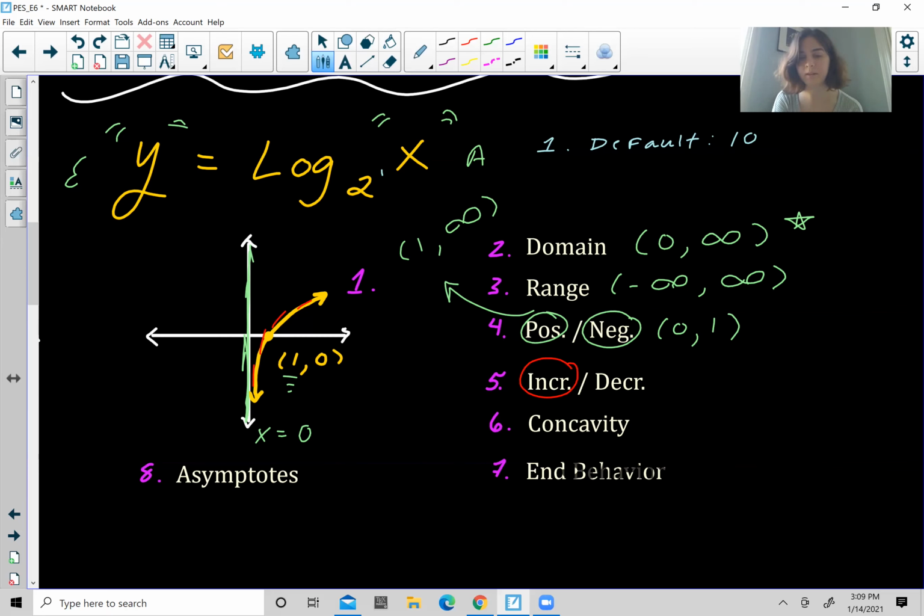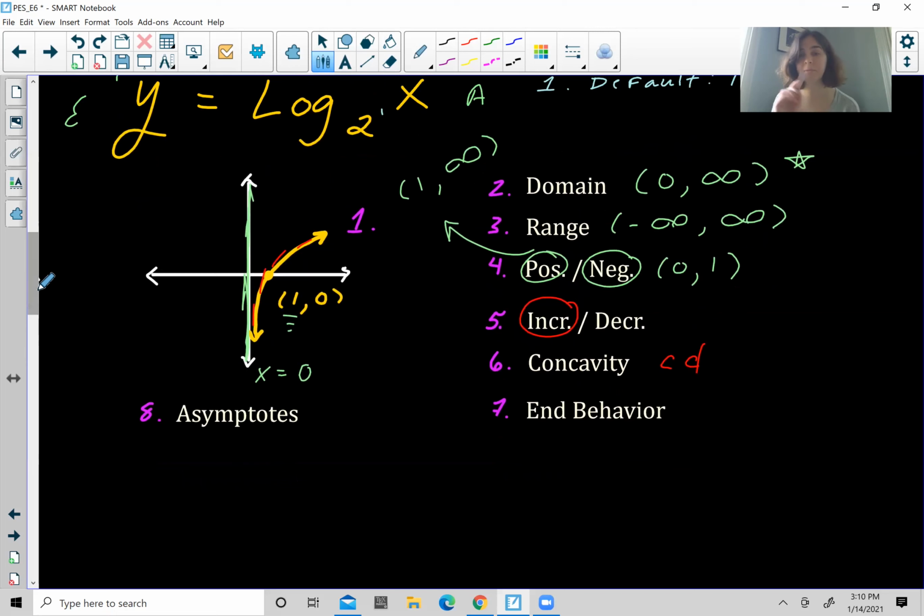Concavity is going to be concave down like a frown, and we can see that because our actual slopes are getting flatter, so they're decreasing. But the slopes themselves are positive. So the graph is increasing, but the rate of change is decreasing. I know that's a little confusing. You can just do concave up like a cup, concave down like a frown.